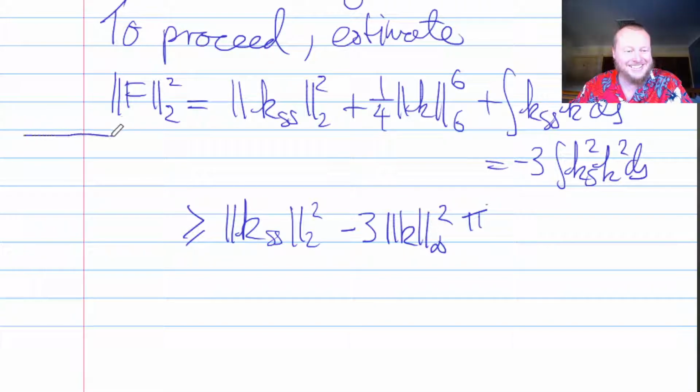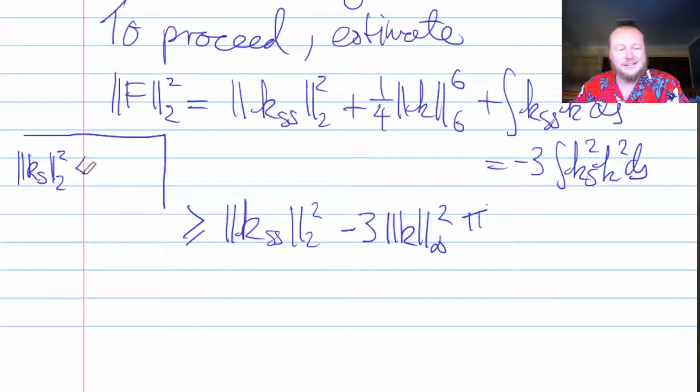Sometimes, just a second. Sometimes my brain needs calibration. So when I'm estimating things from below, it can get confusing. So do it this way. You have L squared over pi squared KSS. Okay, so to go the other way around, oh no, it's just L squared over pi squared.